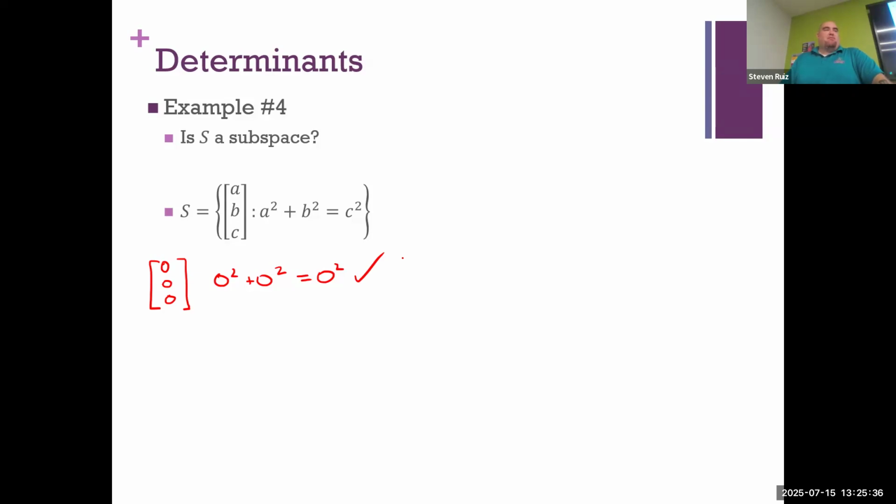I think this is more difficult. What kinds of things can we take? Give me an example of something that's in here. Go ahead. Yeah, go for it. 1, 1, 1. Is 1, 1, 1 in this space? Don't think so. But can we change this to something that is?